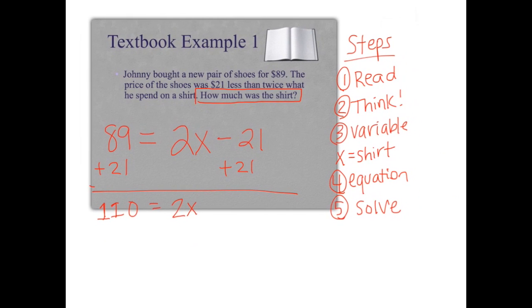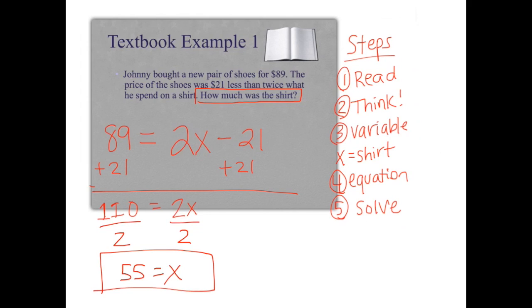Now, to undo multiplication, you divide. And so 55 equals x. Okay, we have x by itself. We solved for x.